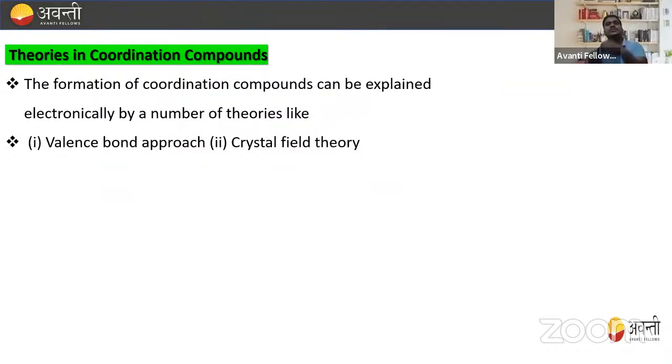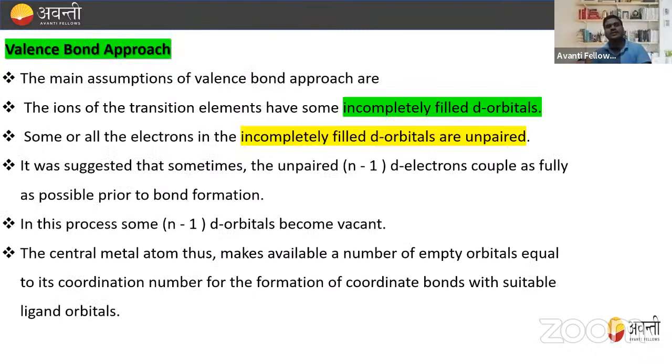Now, the formation of coordination compounds can be explained electronically by a number of theories like the valence bond theory and the crystal field theory. So let's see what approach they use, starting with the valence bond theory. The main assumptions of valence bond theory are: the ions of the transition metal have some incompletely filled d orbitals.